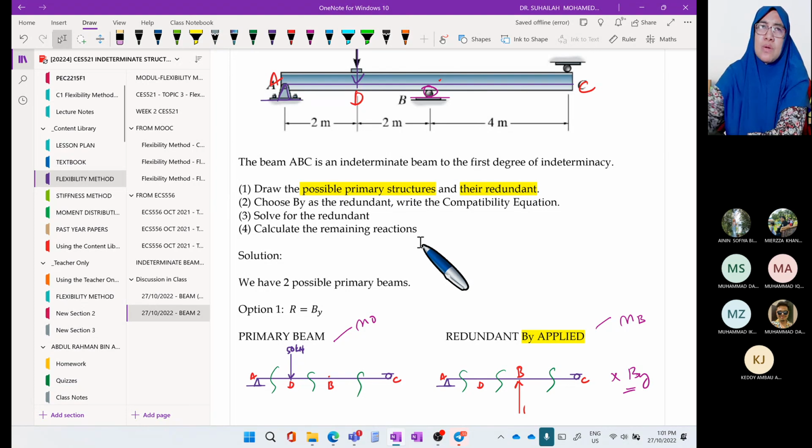Actually not only replacement, because we have to cover the compatibility equation for two redundants. We want to learn how we derive the compatibility equation for two redundants. The other day was single redundant, one redundant, so we have to move to two redundants. I will cover the derivation in one live streaming session that I wrote on Teams. Please join.